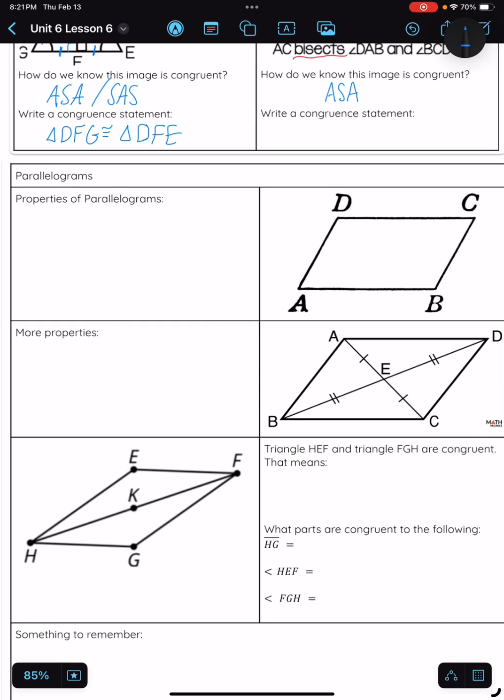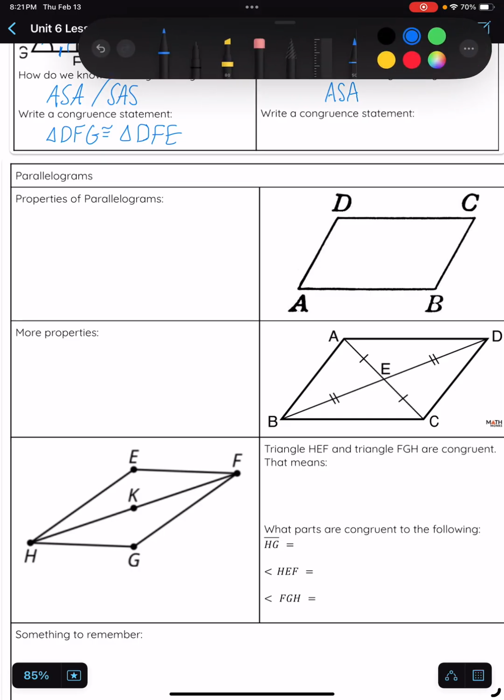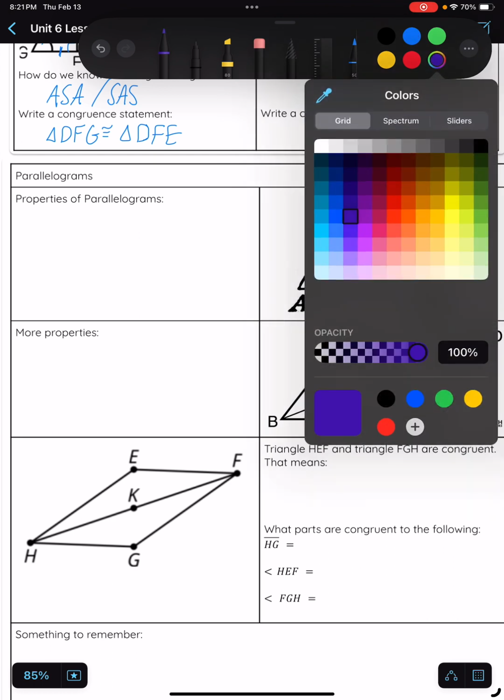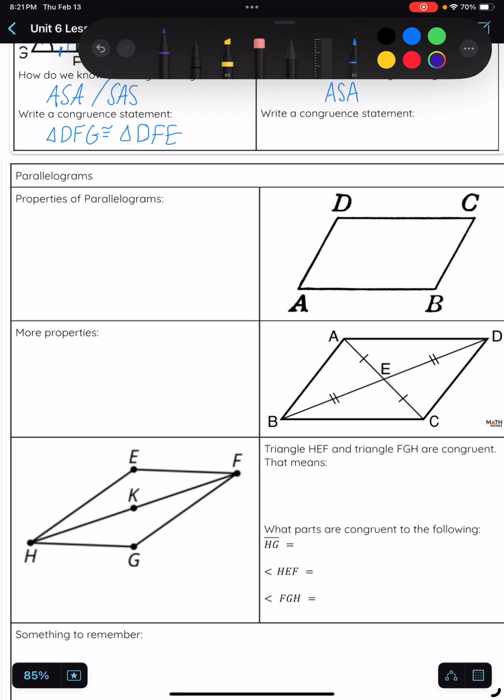Okay, so let's talk about parallelograms. We're going to include parallelograms in this unit because a parallelogram is technically just two triangles put together. Let's talk about some properties of parallelograms, because that's important for us to know. Let's pick a new color. Purple's fun.